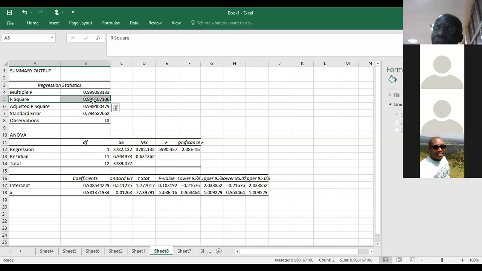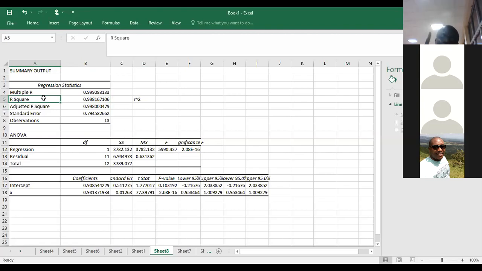For this data set, we got the Karl Pearson r, the small r. R squared is the square of Karl Pearson's r. That's why I will tell you to use small r, because this is a different thing. R squared is called the coefficient of determination.